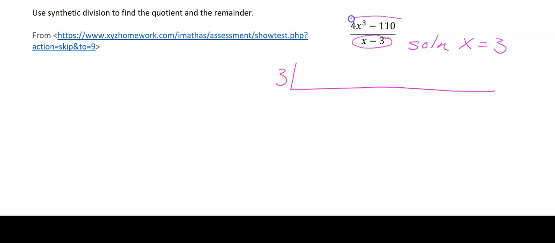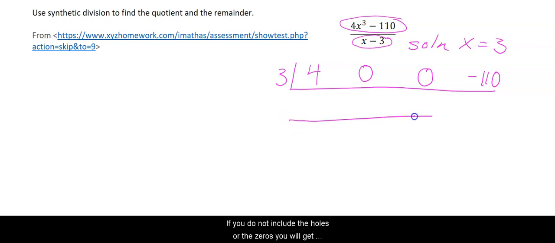Now I need to put the coefficients of the dividend, or the numerator, into the notation, 1 for each power of x. Since it's x cubed, I should have 4 numbers, 1 for each power of x plus the constant. The coefficient of the x cubed term is 4. I don't have an x squared term, so I fill in with a 0. I don't have an x term, so I fill that in with a 0. I do have a constant, so I write it down.